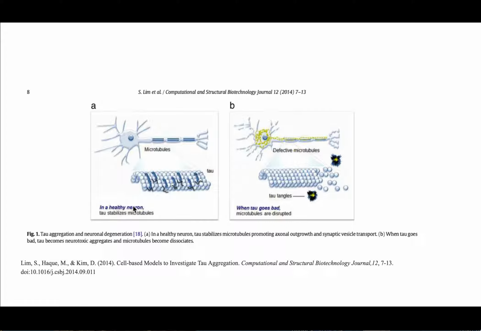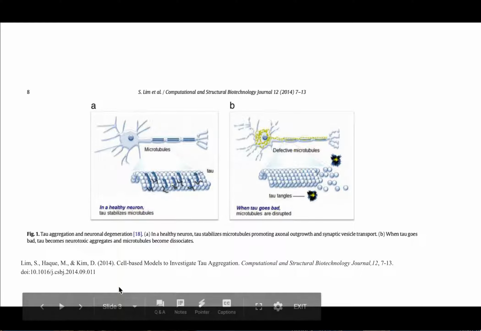But when tau has a mutation within it, so this protein folds incorrectly, it forms defective microtubules. And so these aggregates, the tau aggregates, or in this case they call them tangles, cannot allow the microtubules to be stable. And so it basically suffocates the neurons because the tangles don't allow the chemical interaction, decreasing the function of the neurons.